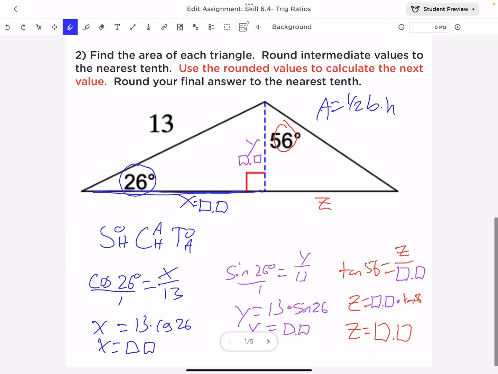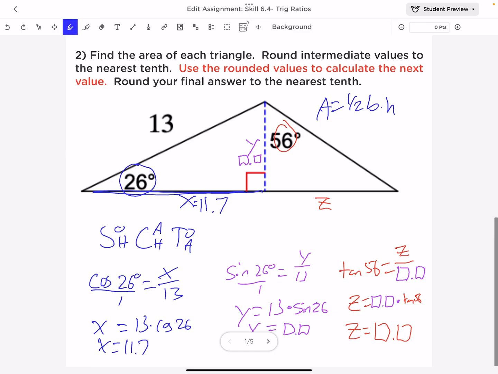So x was 13 times cosine 26, which equals 11.68, so 11.7. So we'll erase this and make this 11.7.